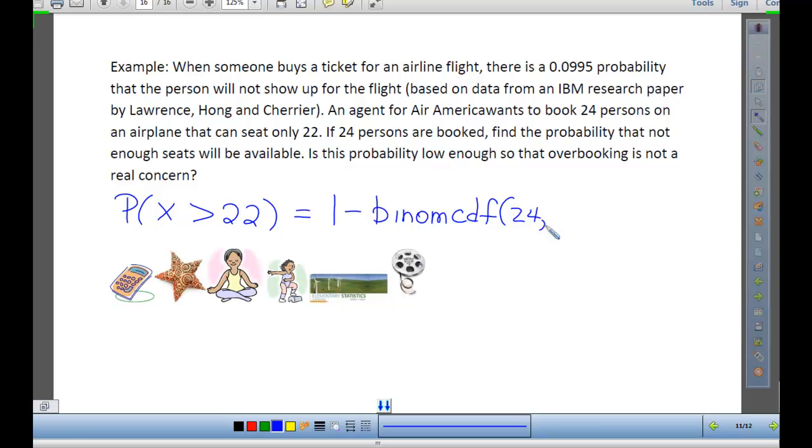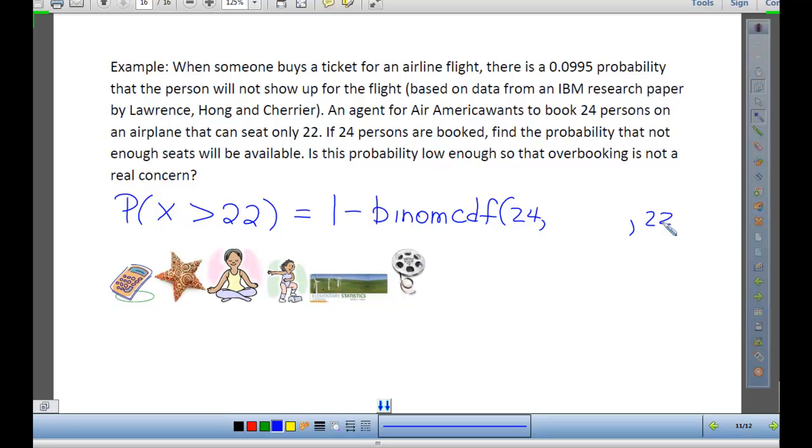When we talk about these 22 people, we're talking about 22 people who are showing up, right? If 23 or 24 show up, that's too much. So really, what should we put in here for P? Well, that's for X. I know that part. But what about P?